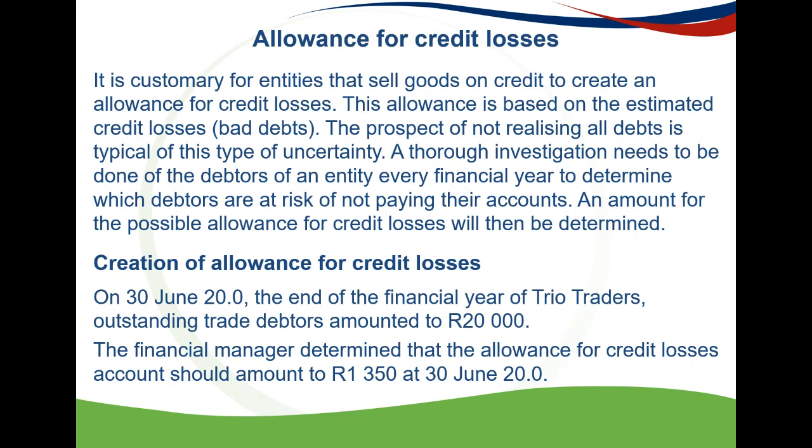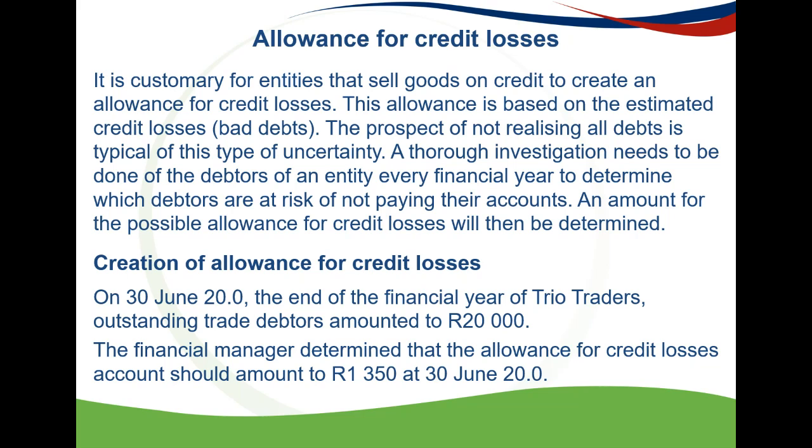Now, we said we're going to create an allowance for credit losses, and it is customary for entities that sell goods on credit to create an allowance for credit losses. This allowance is based on the estimated credit losses, our bad debts.